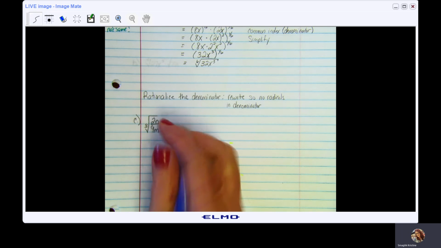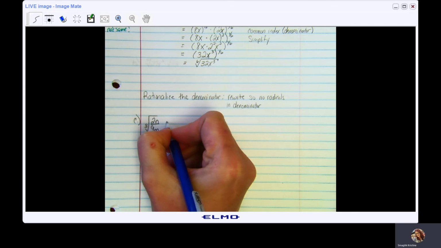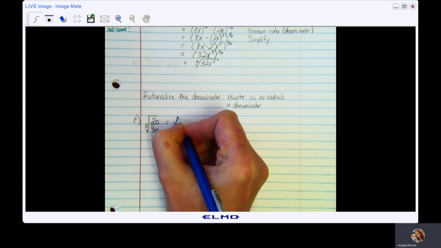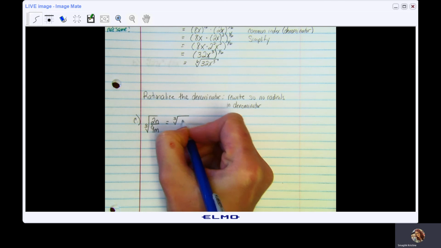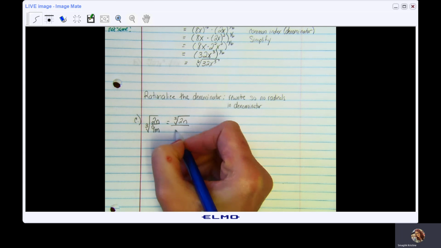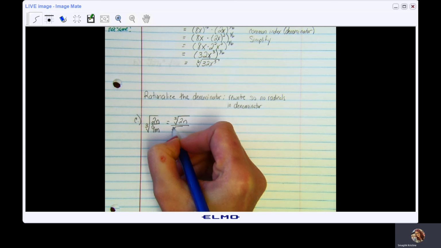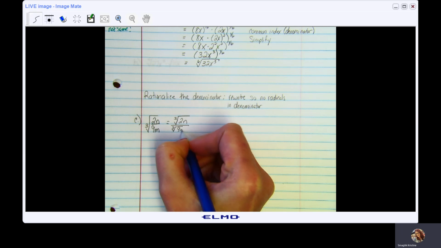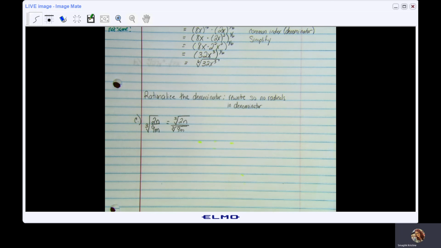First thing I'm going to do, I'm going to break this up. I have the cube root of 2n in the numerator, and I can also write this as the cube root of 9m in the denominator. So now let's think. I want a perfect cube root.